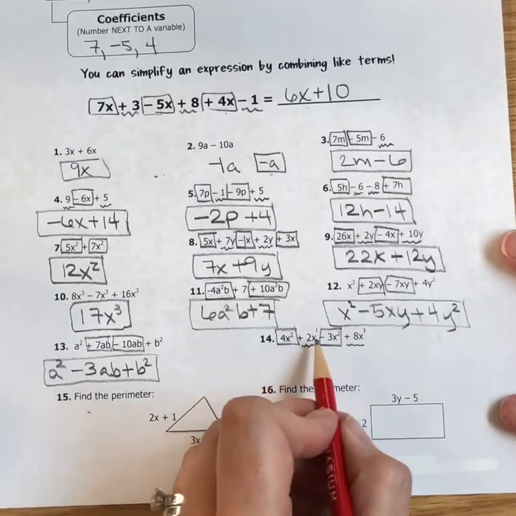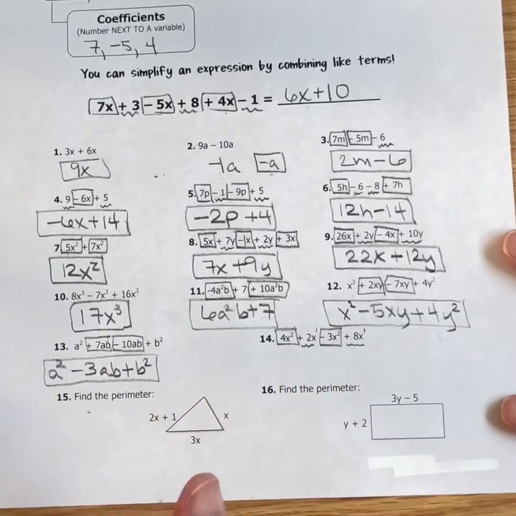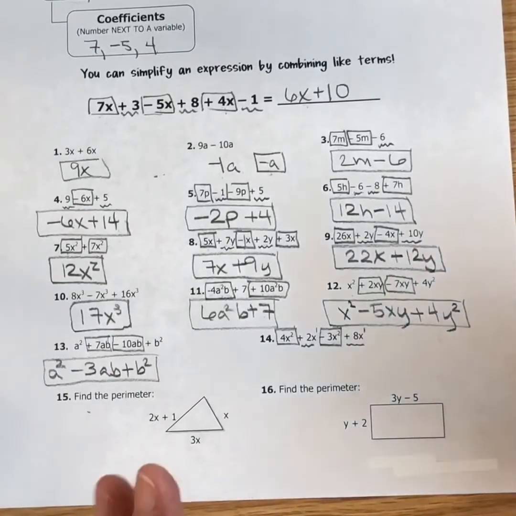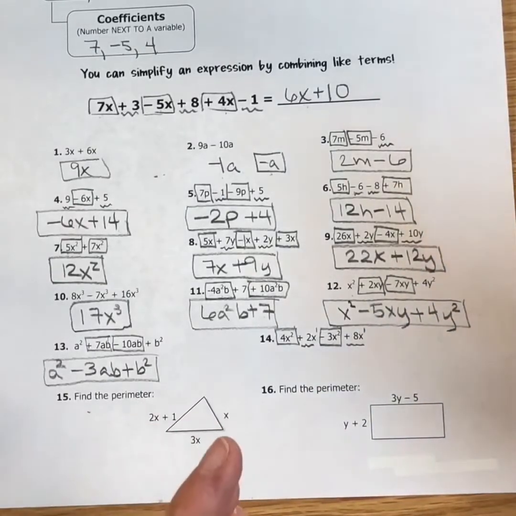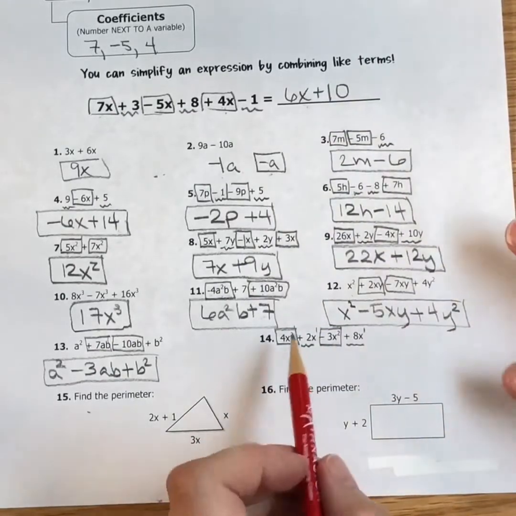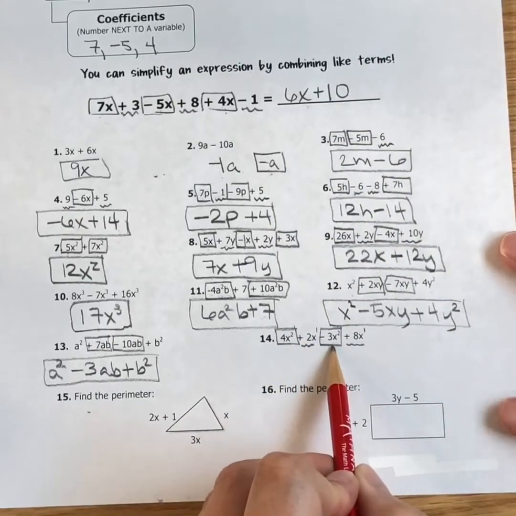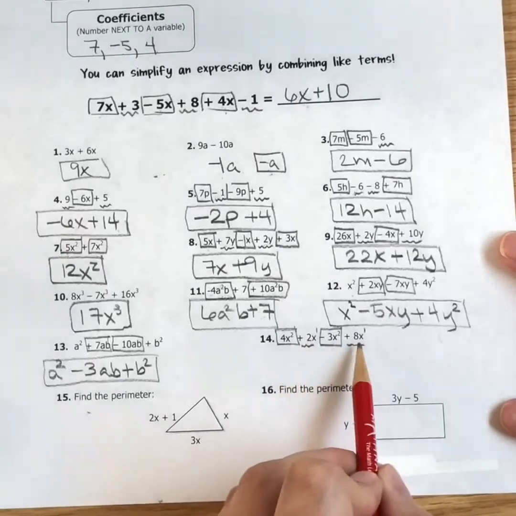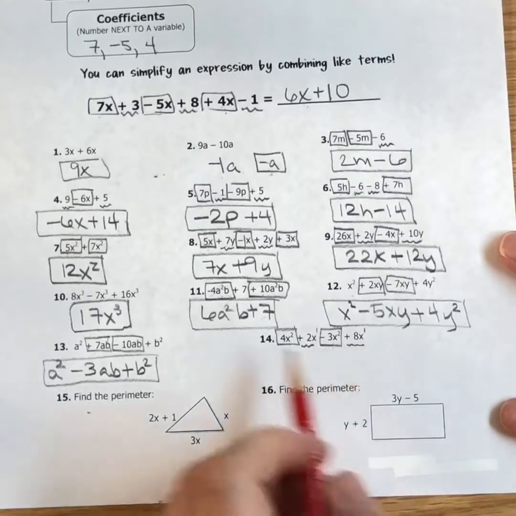Now, for the x squareds, we're going to start with the highest power. So not only do we put the variables in order alphabetically, but we also go in descending order by exponents. So the highest exponents have the highest priority, and the lowest exponents go later.